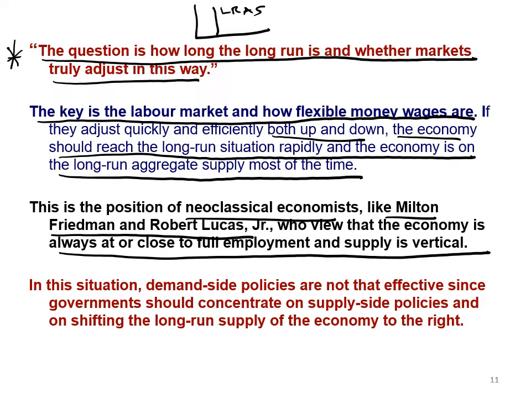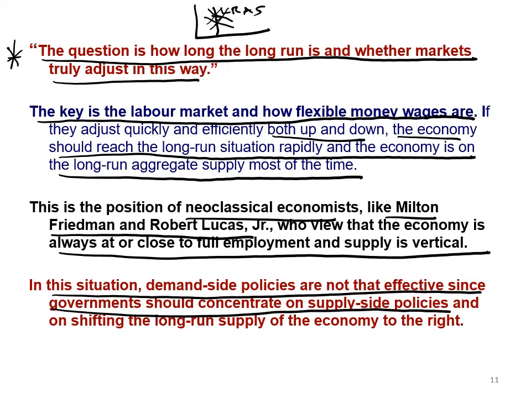No matter how we adjust things, we're always going to come here really quickly. Now, if this happens, then demand side policies are a waste of time. They're not that effective. And so governments should focus on supply side policies and on shifting the long run supply of the economy to the right.